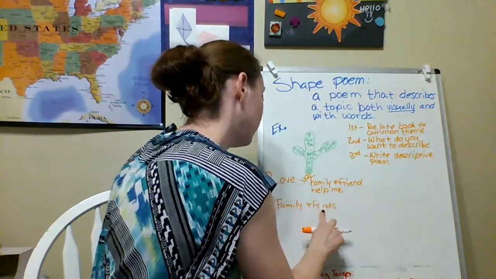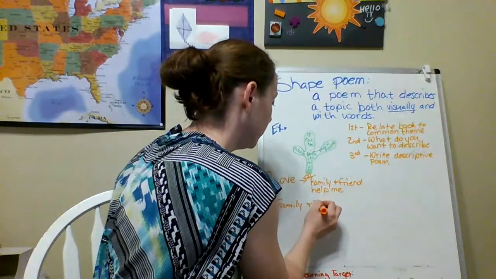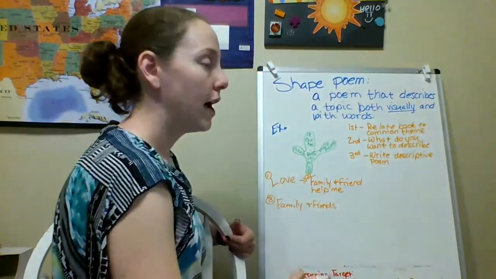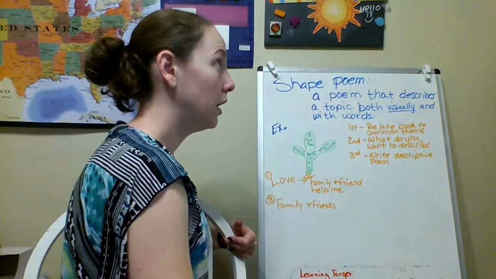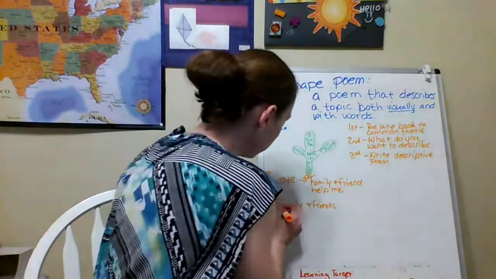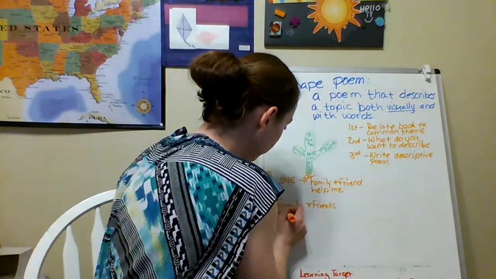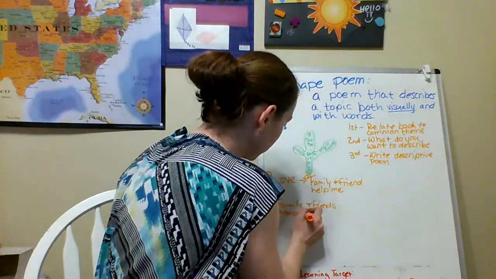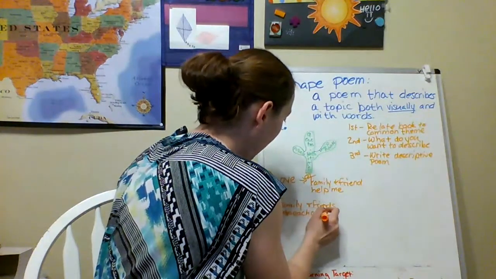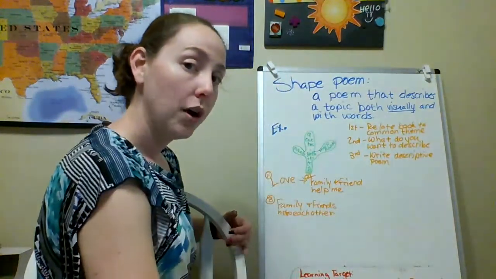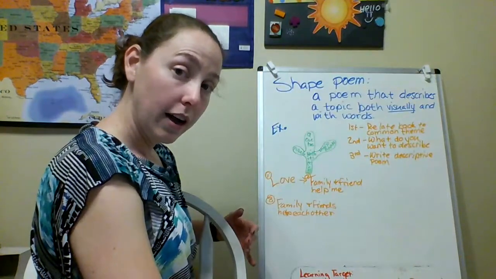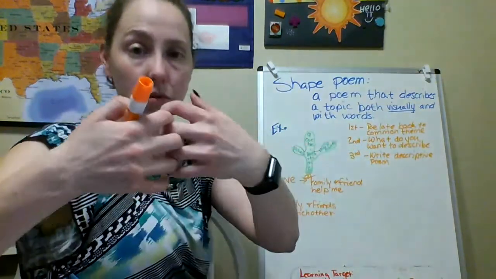Oop, I might want to spell friends right? Family and friends help each other. I probably want to also point out, always lending a helping hand, since my picture was that.